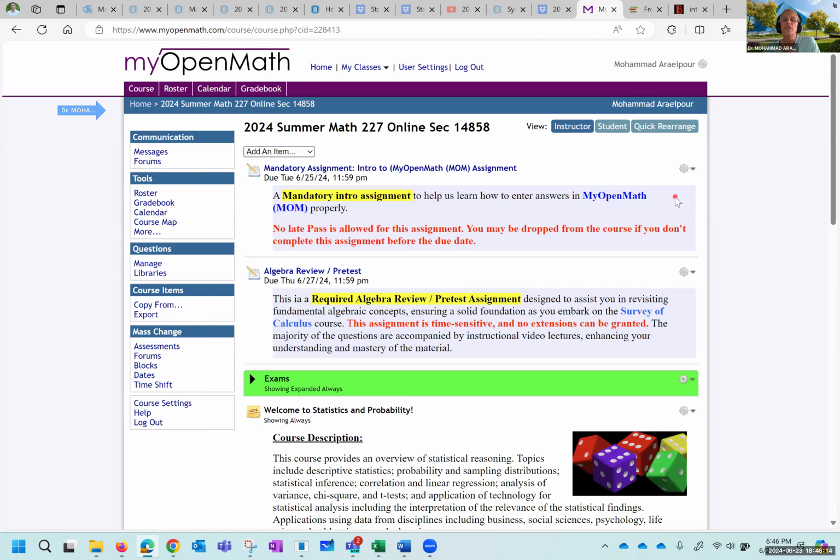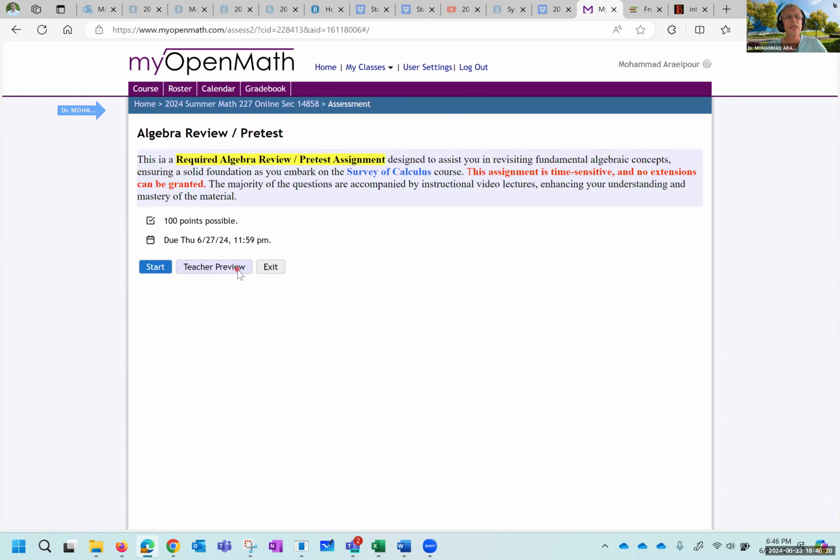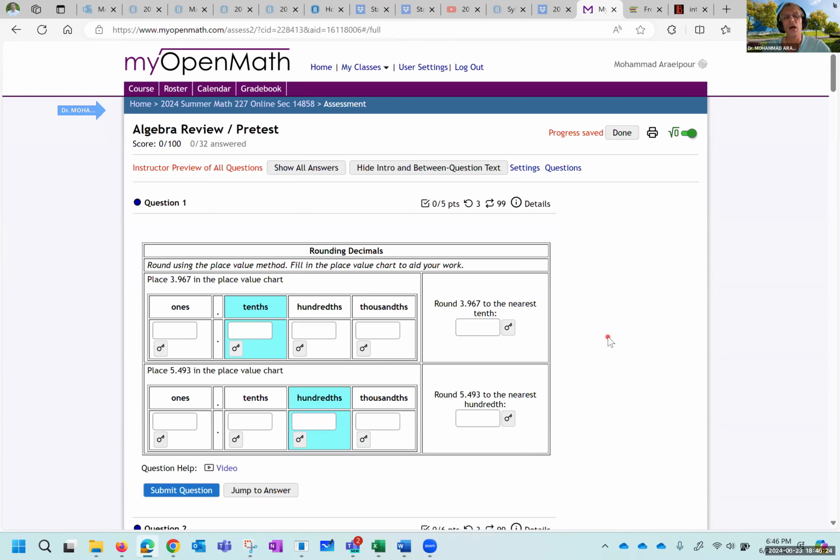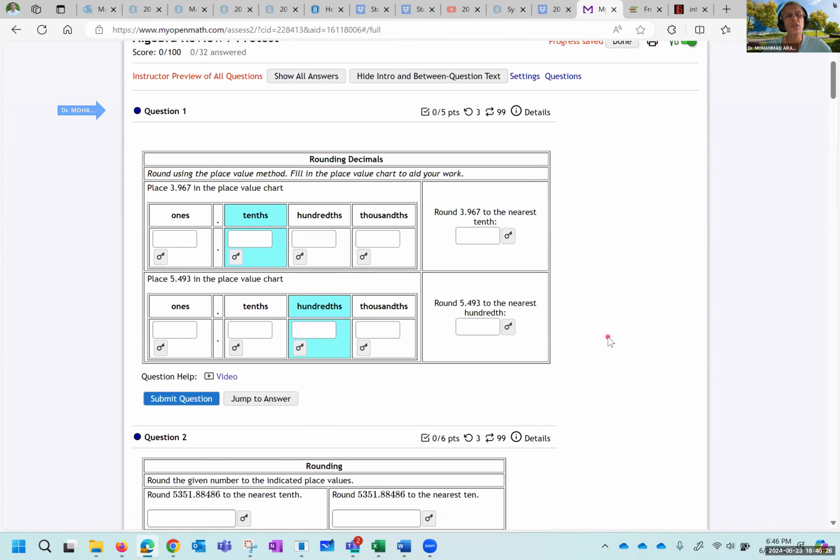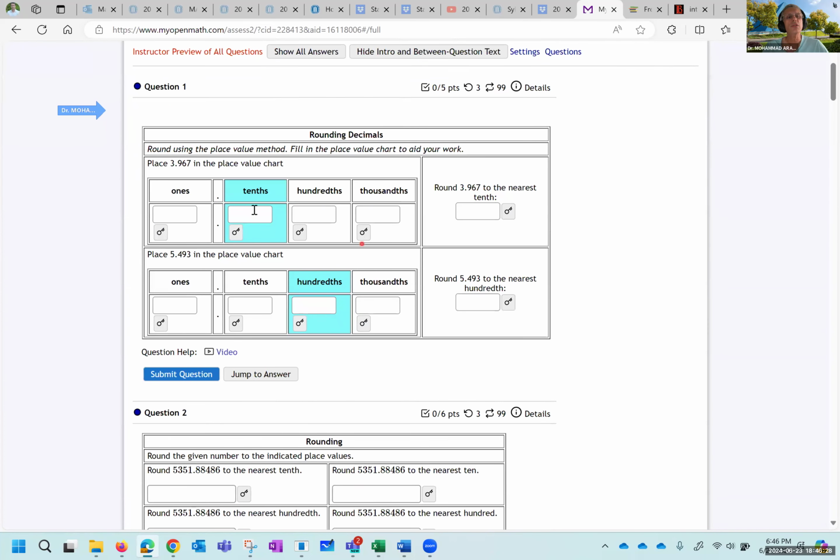Now, some of these homework questions also have a video. For example, just to show you here, for this one, I figured it's very important for a student to know rounding. By the way, the ones place, for example, is 3 here.